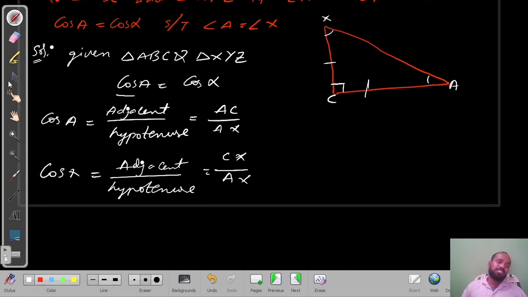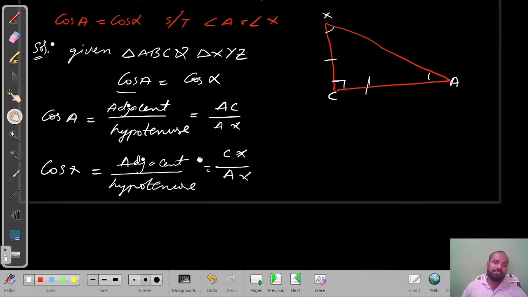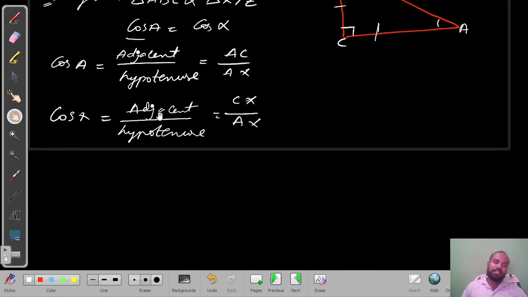What is he given? He gave that cos A equal to cos X, right? So I am writing cos A equal to cos X: AC by AX equals CX by AX. Then if I cancel here, this AX will be removed and the other one also.